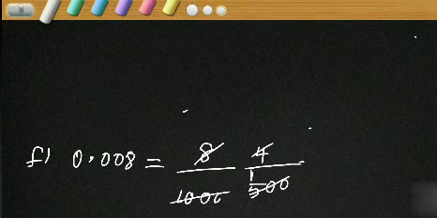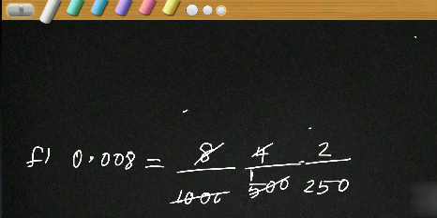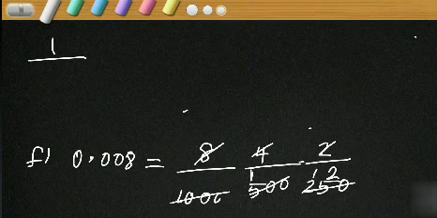Here we got 2 by 250. Again common factor 2 is there. So we have to cancel 2 ones are 2, and in the denominator 2 twos are 4.